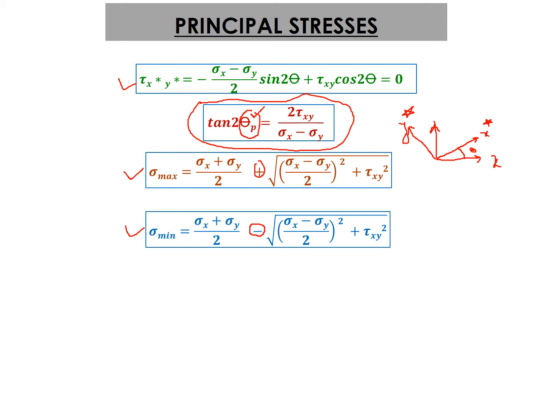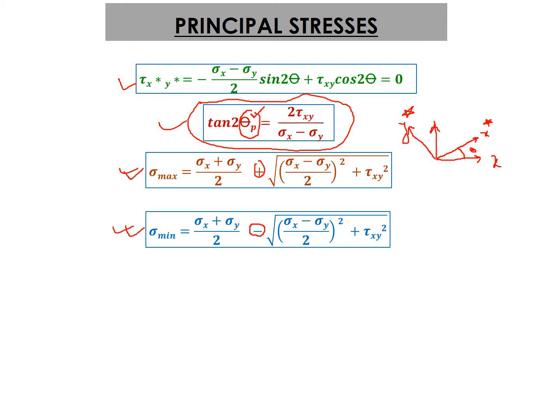These are the principal stresses. So in total we have previously three equations, and here 4, 5 and 6. So these 6 equations must be remembered. So let's move further. Let's see what comes next.